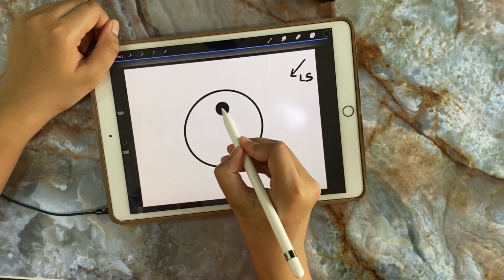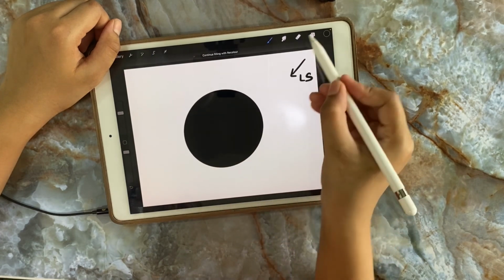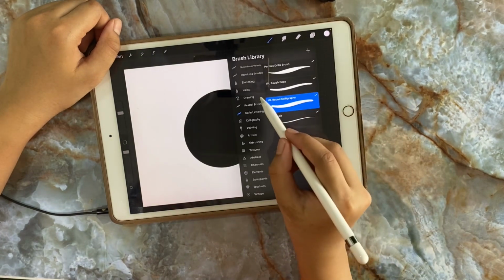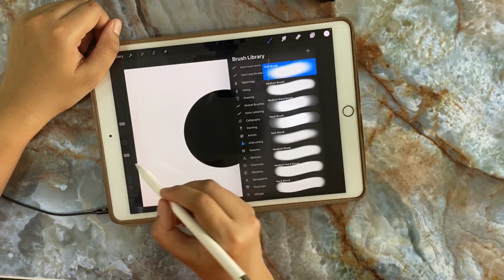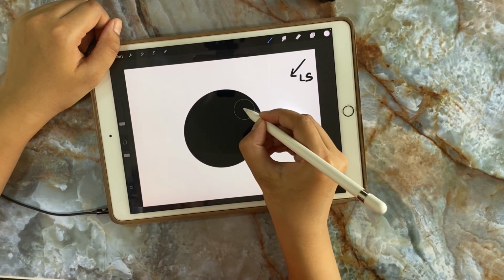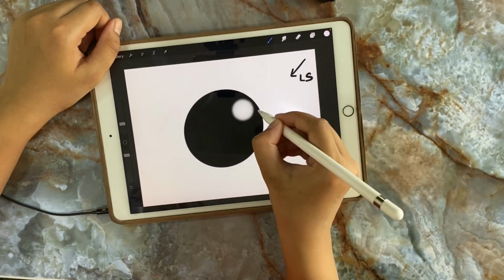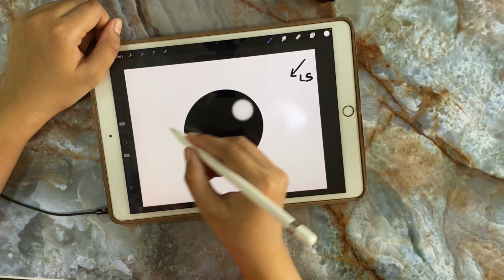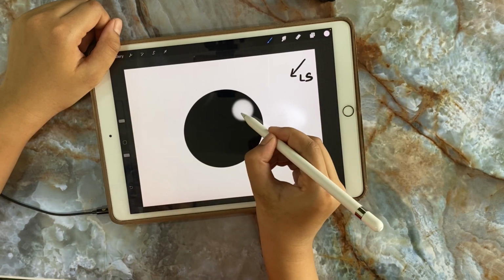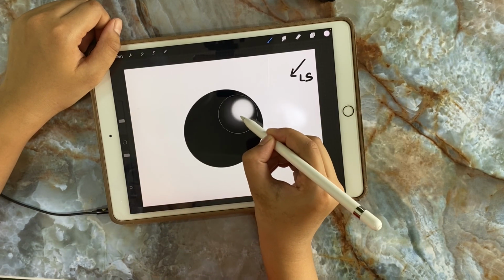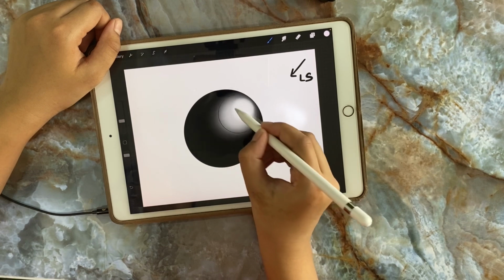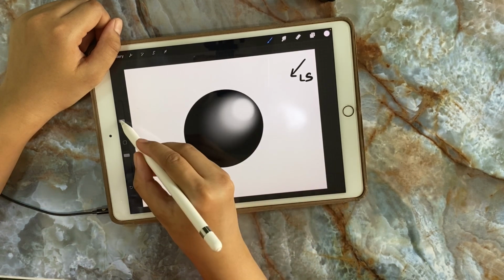Consider the image like this. Since I placed an object and there is light in that room, it will have a spotlight first. This is called the highlight. And the area surrounding this will gradually decrease in tones, like this.